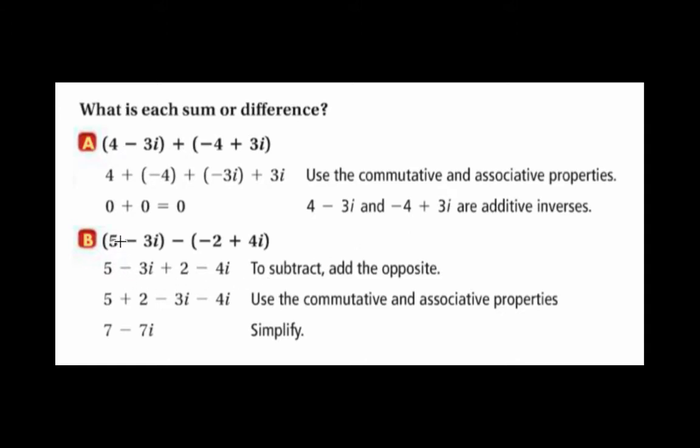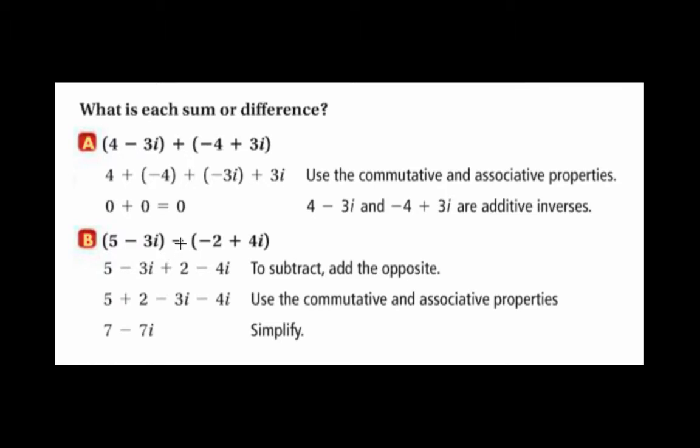All right, in part B, we want to take the complex number 5 minus 3i and subtract from it the complex number negative 2 plus 4i. So this plays out just like adding and subtracting polynomials. The first step is to go ahead and eliminate the parentheses. So we have 5 minus 3i.